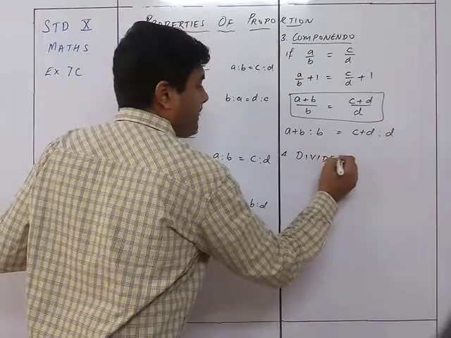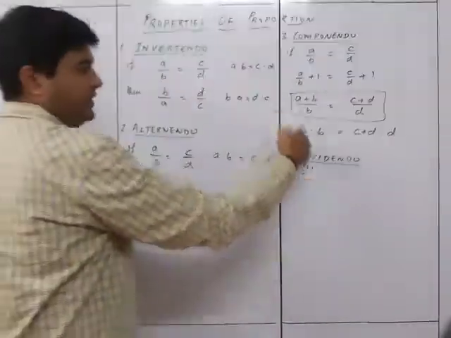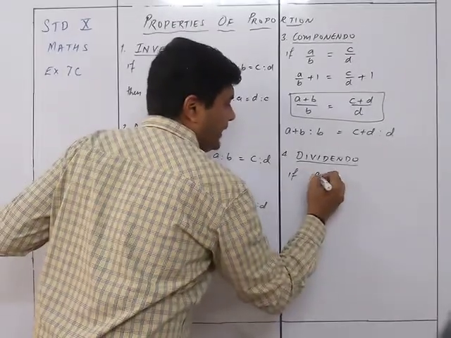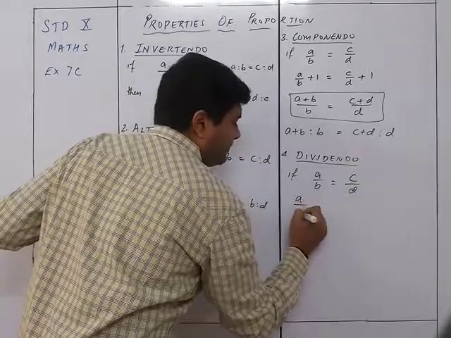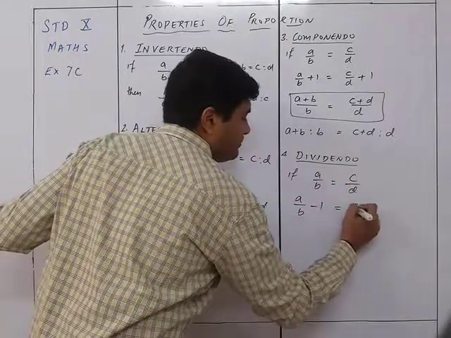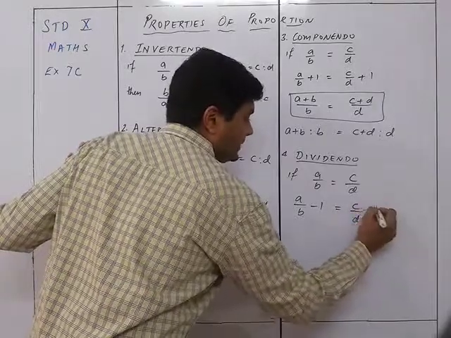The next one we have is dividendo. Componendo is addition, so here it will be subtraction. If A upon B is equal to C upon D, then A upon B minus 1 is equal to C upon D minus 1.